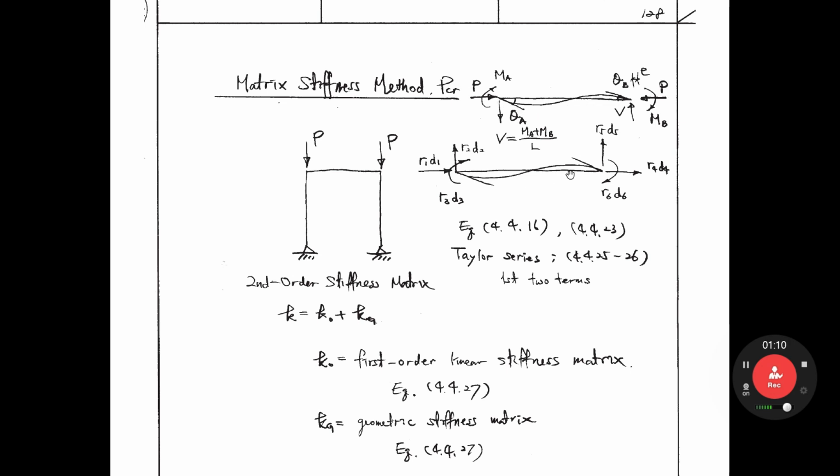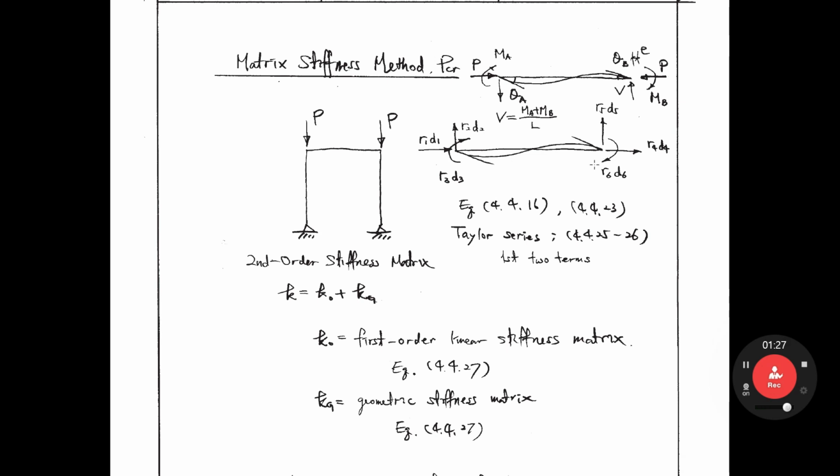As you see here, this is displacement and member force corresponding to the slope deflection method. And these are member forces and displacements corresponding to the matrix analysis procedure. From the slope deflection method, we will derive the stiffness matrix corresponding to this matrix stiffness analysis coordinate, 6 by 6.